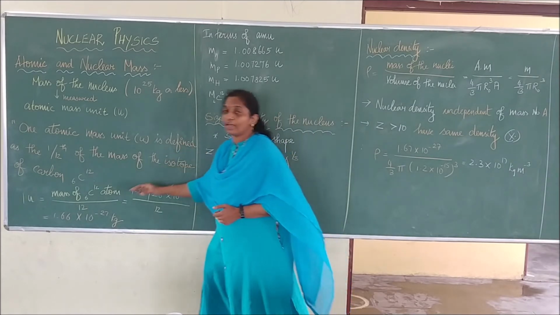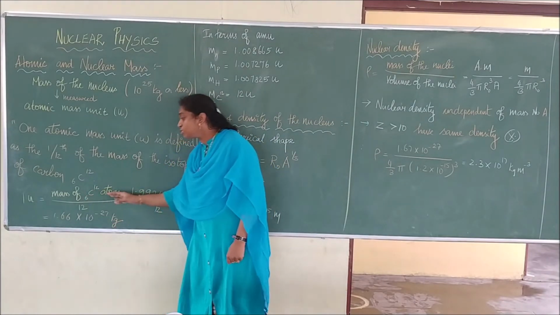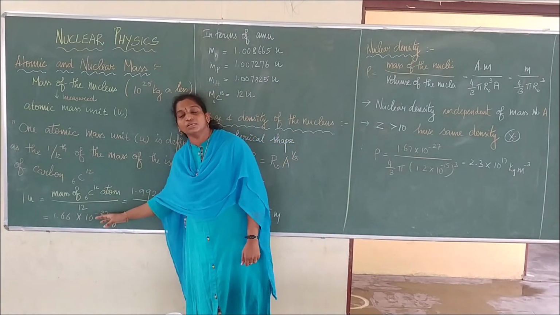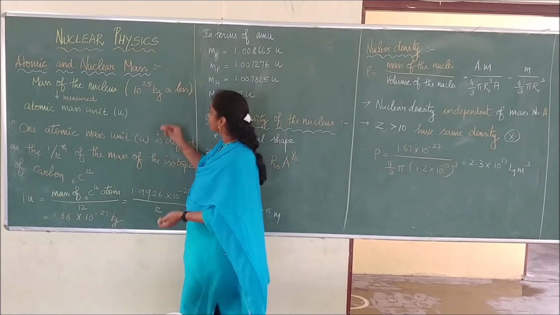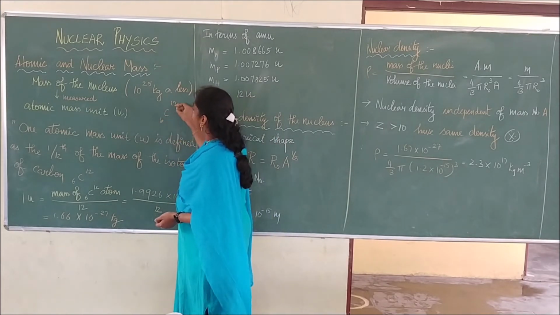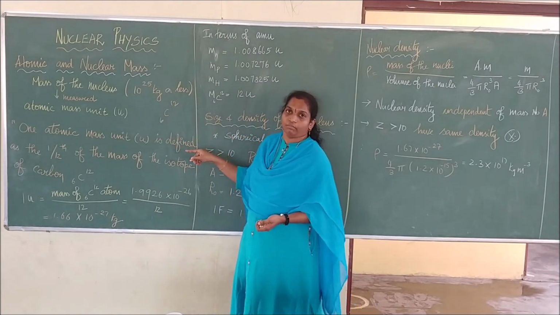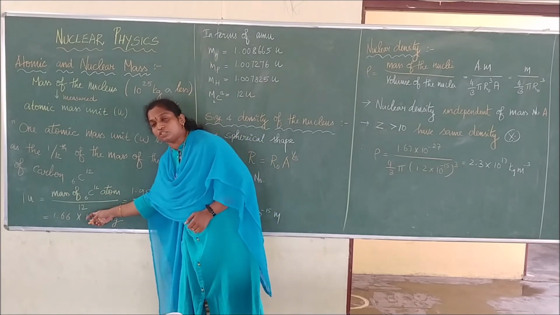So how do we evaluate it? 1 u is equal to the mass of a carbon atom divided by the mass number, which is 12. In C-12 with atomic number 6, the upper number stands for the mass number and the lower for the atomic number. So we take the mass of the carbon atom divided by 12.